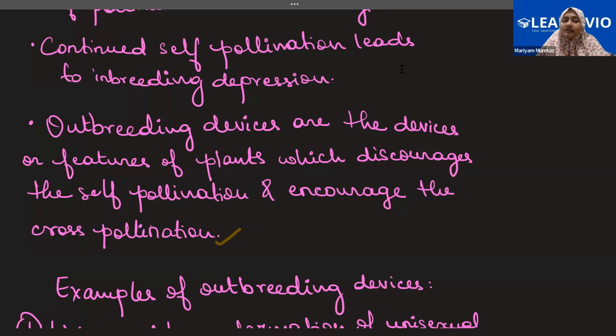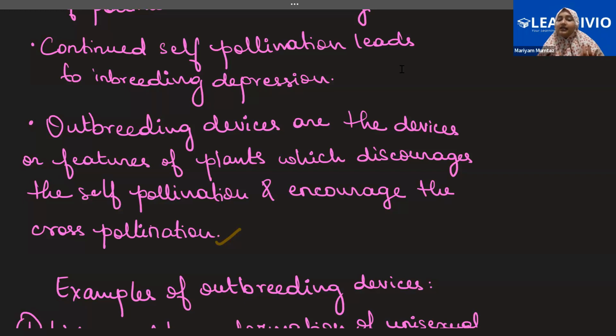That is why always remember that cross-pollination is much more advantageous as compared to self-pollination. Also, because of cross-pollination, variations are introduced, and since variations are introduced, it would lead to evolution.